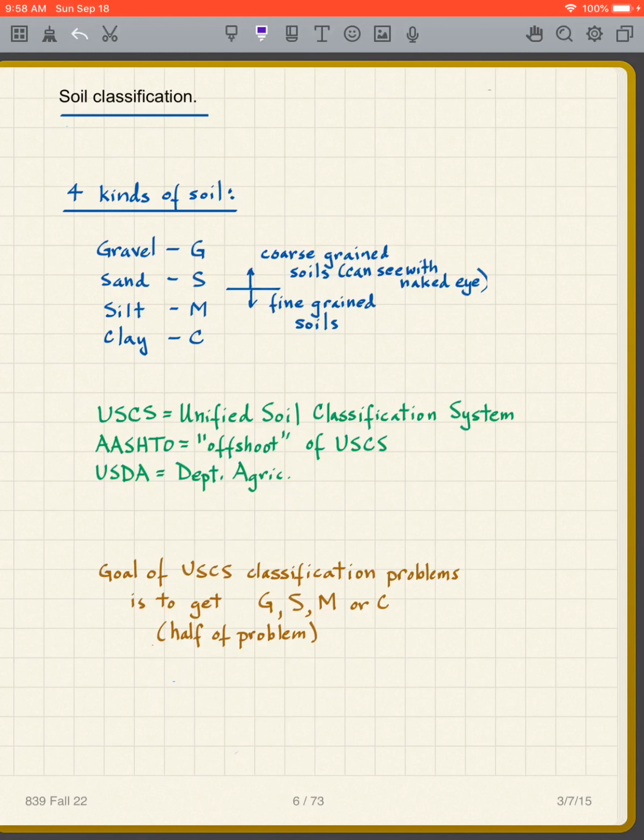So those can also be on the exam. So I'm going to describe those as well as give you a quick review on the Unified Soil Classification System. And the goal of the USCS is to get the symbol G, S, M, or C. That gives you half the problem pretty much.